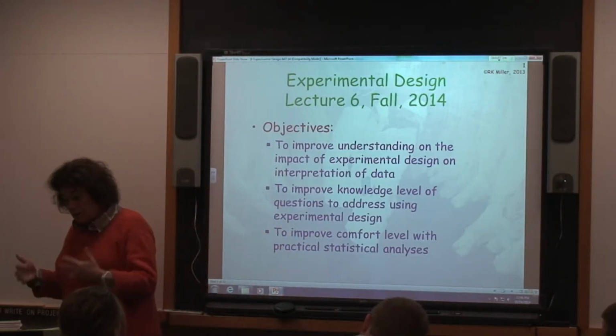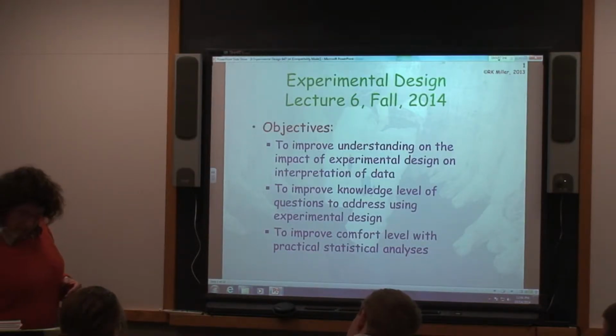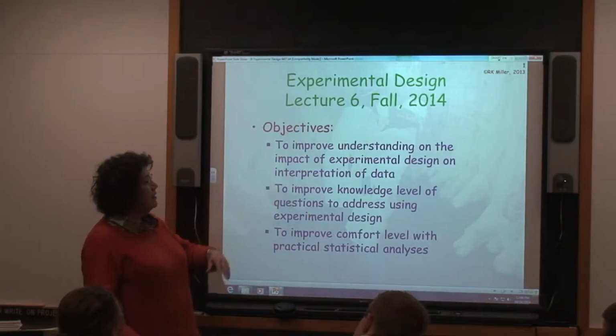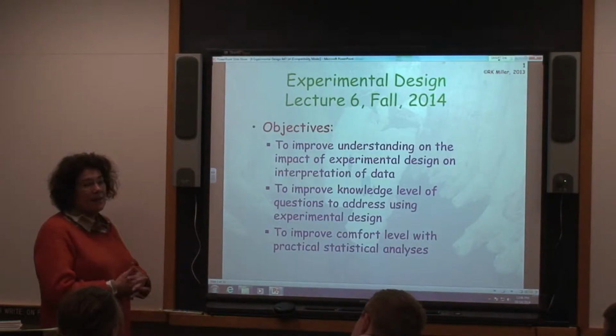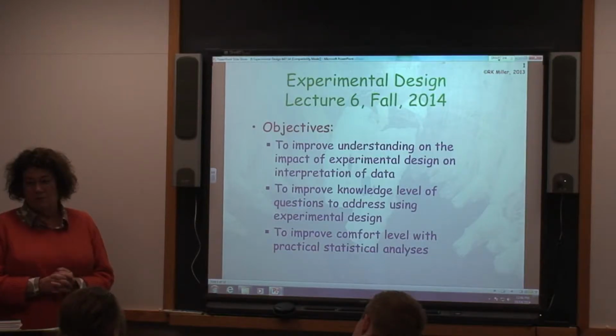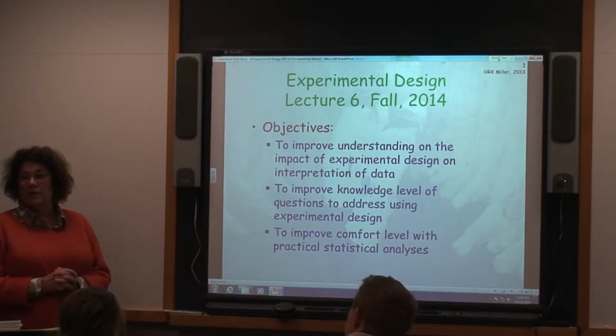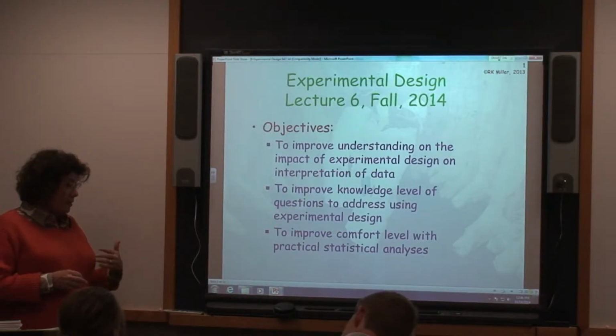So what I'm trying to get you to do with the experimental design is try to increase your understanding of experimental design and how that impacts interpretation of data. I think that's one of the hardest things to do. When I was in graduate school, I think I was very fortunate. First of all, I was in a smaller department.